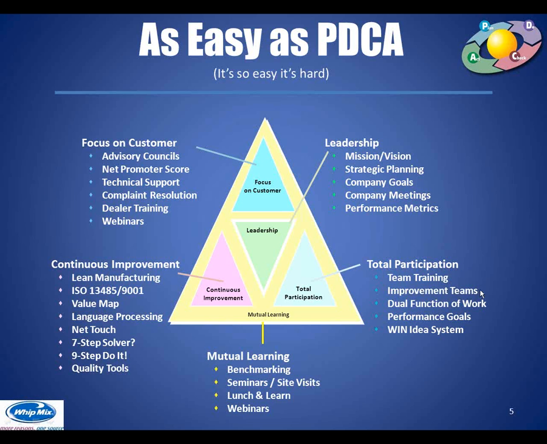But we, and an example, if you look at this improvement teams, this is a tip of the iceberg activity that we have for continuous improvement at WhipMix. So every year we identify key problems we want to work on, and this is where we put a formal team together, usually 4 to 5 people maybe, that are going to work on an improvement project. And on these teams, we actually measure the results of their success.